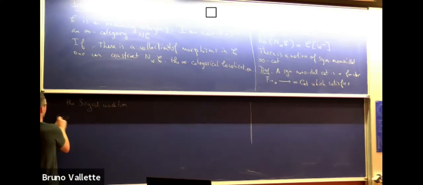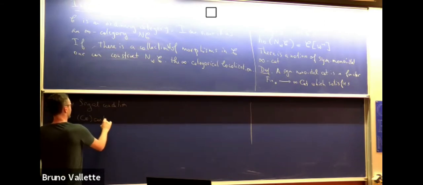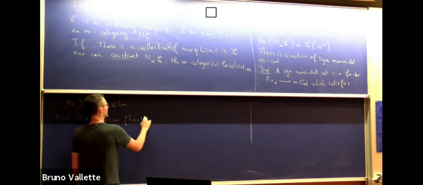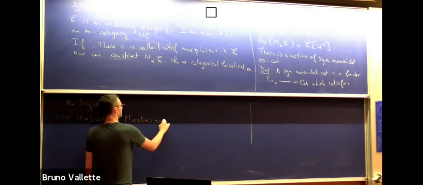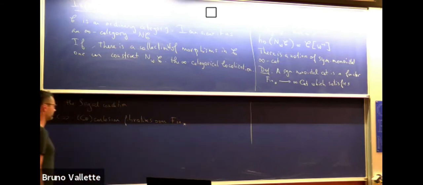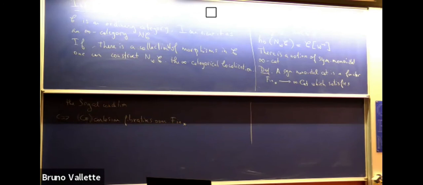So equivalently, co-Cartesian, I think it's co-Cartesian, if you look at covariant functors over Fin star satisfying some Segal condition.